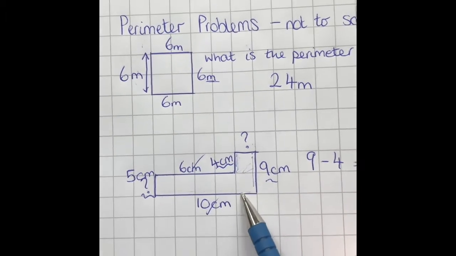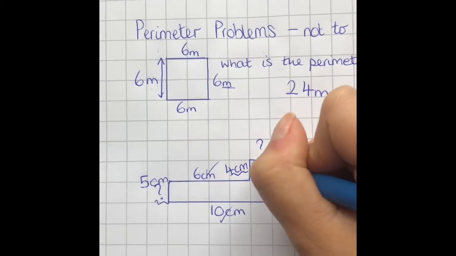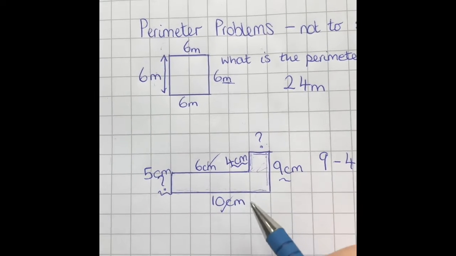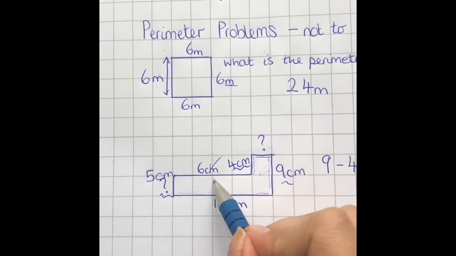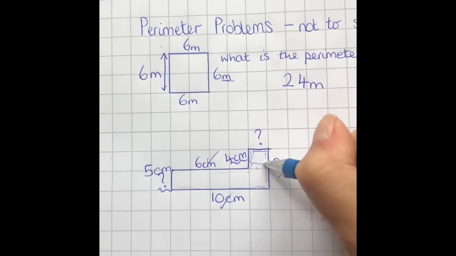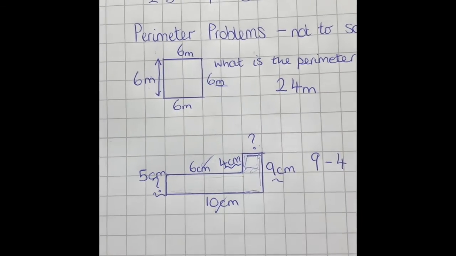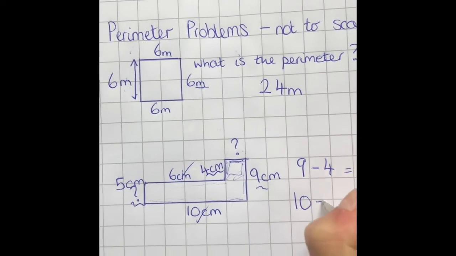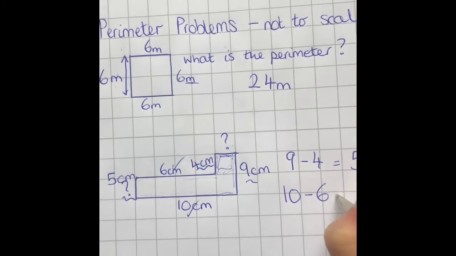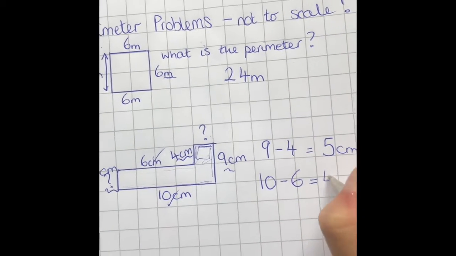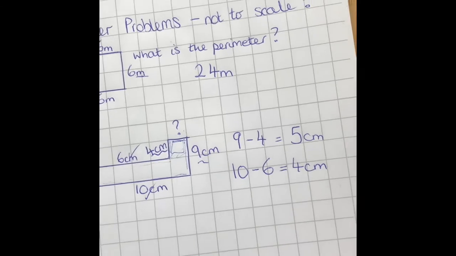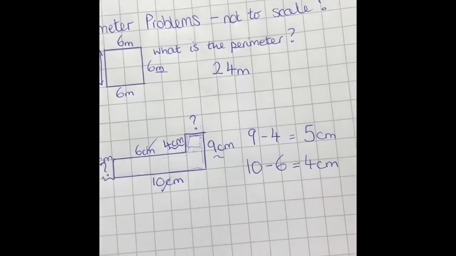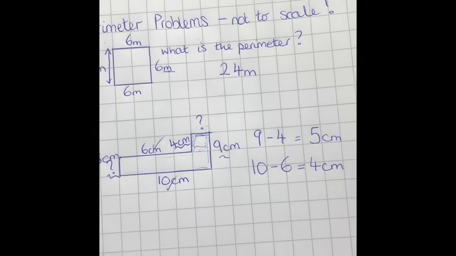So again, we know that this length here is going to be my longest length, and I'm subtracting that 6 centimeters because that will give me the length here. So I'm going to do 10 take away 6, which will give me 4 centimeters. Makes sense because if I do 6 add 4, I get my 10, my full length across.